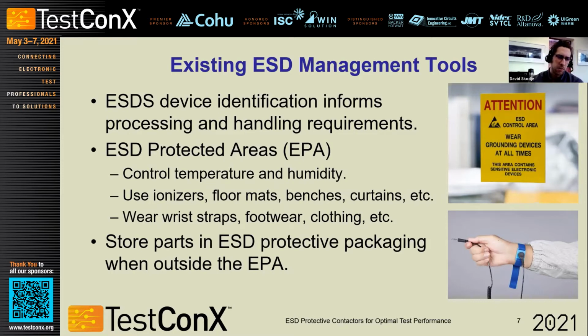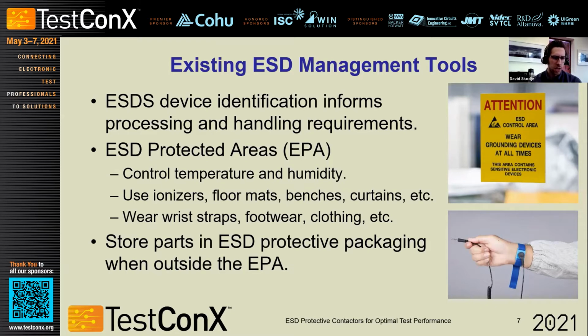An important concept is the ESD protected area, which is a location that's designated as safe for handling of ESDS devices based on adherence to the proper procedures and equipment. When parts are not in this area, they need to be stored in ESD protective packaging to mitigate the risk of the events. In the protected area, environmental controls are used, like temperature and humidity, to mitigate risk.